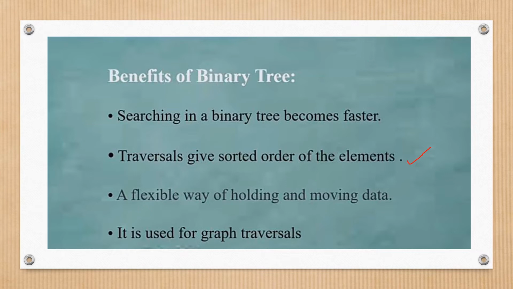It is an easy way of holding and moving data. By using a binary tree, we can easily hold or move the data. It is used for graph traversal. Graph is another type of non-linear data structure, and to traverse graphs we use trees.